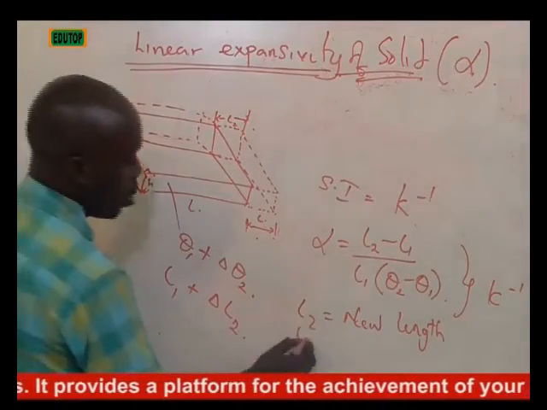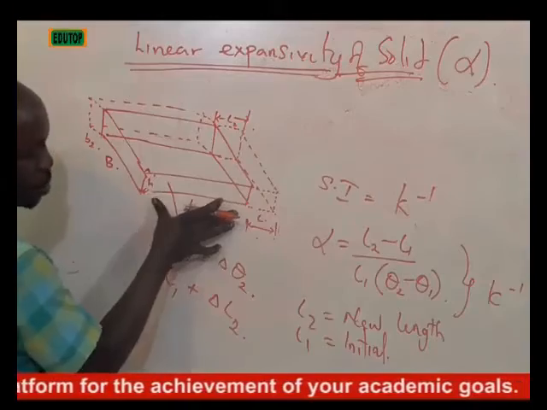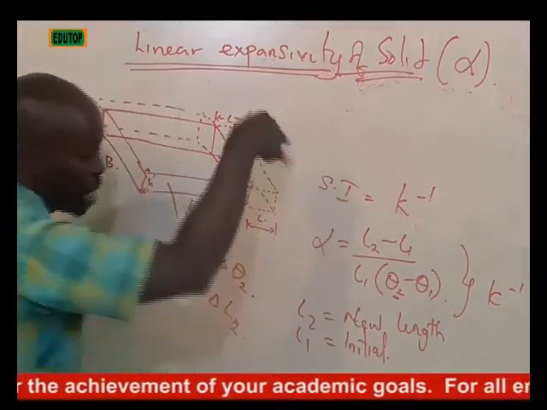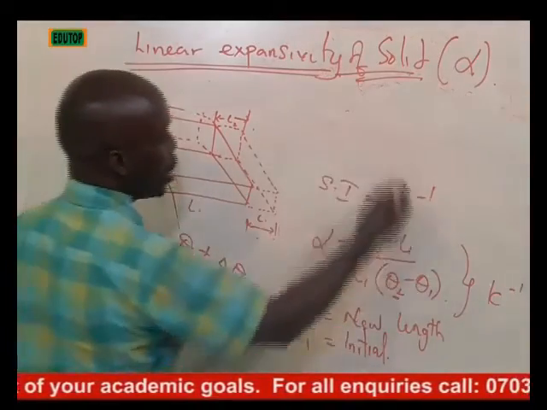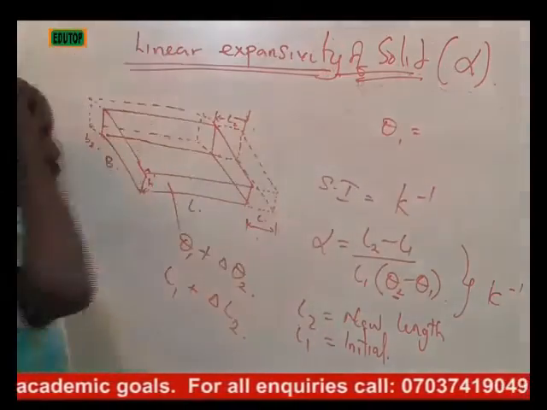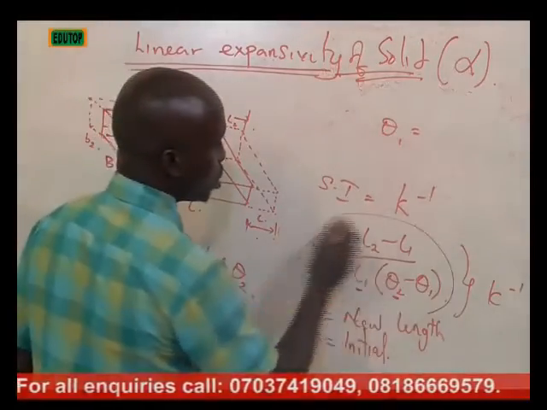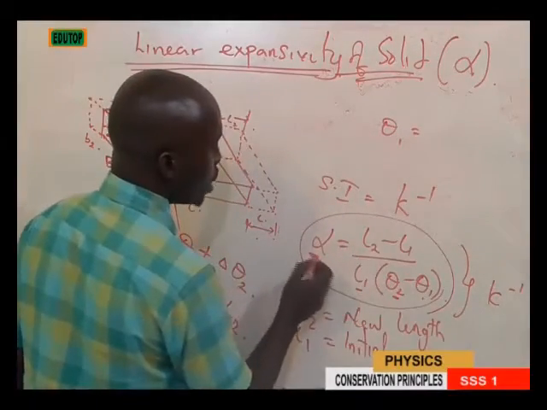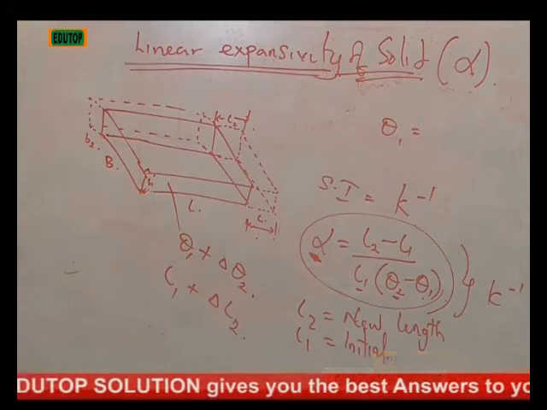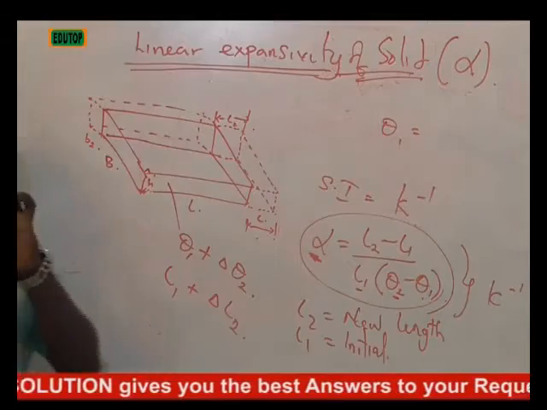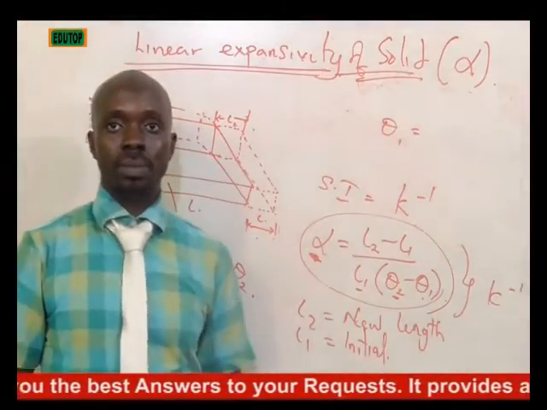L1 is the initial length. θ2 is the new temperature, while θ1 is the initial temperature. So if you compute all this, you'll be able to obtain the linear expansivity of that particular body when it expands. So that is all about linear expansivity.